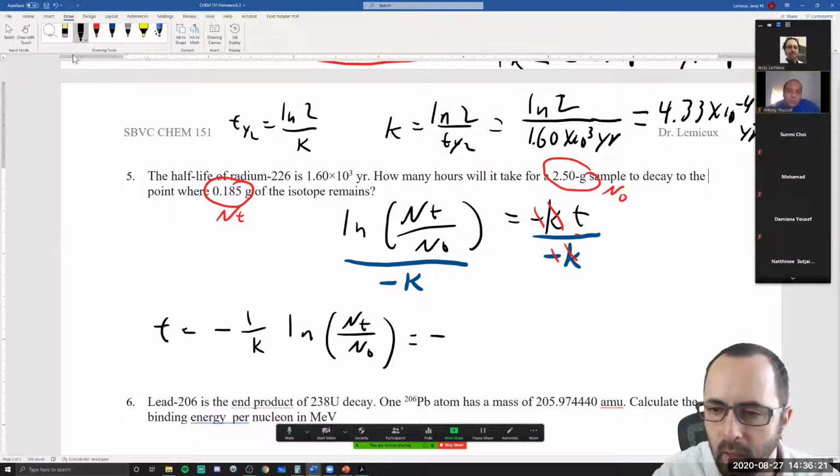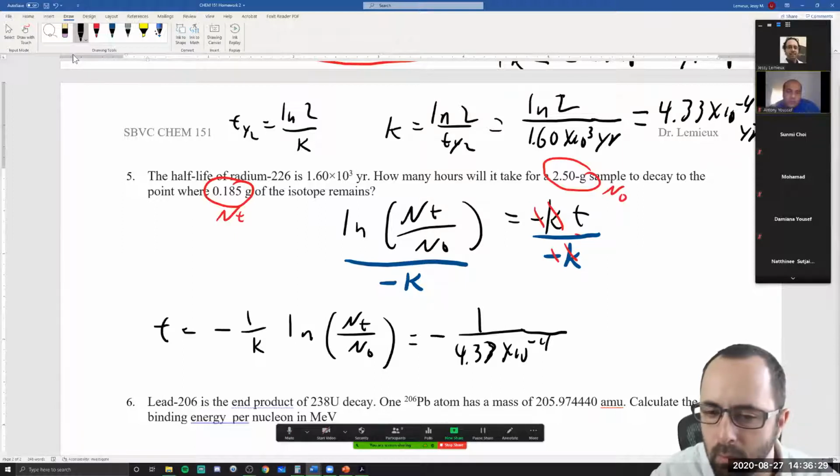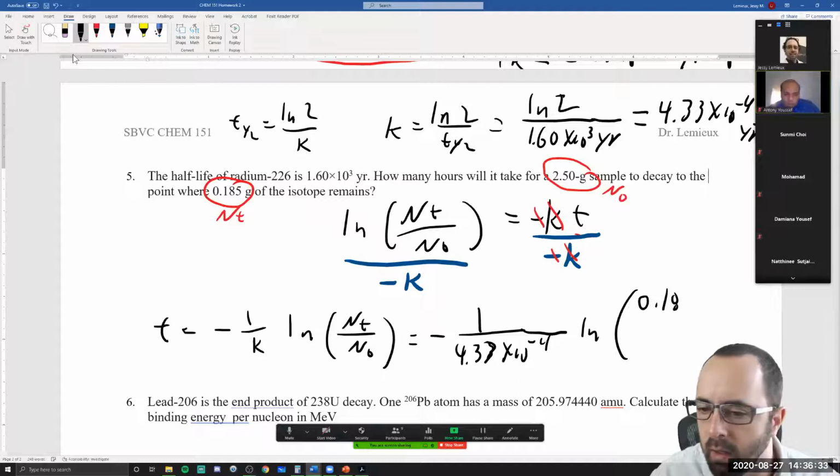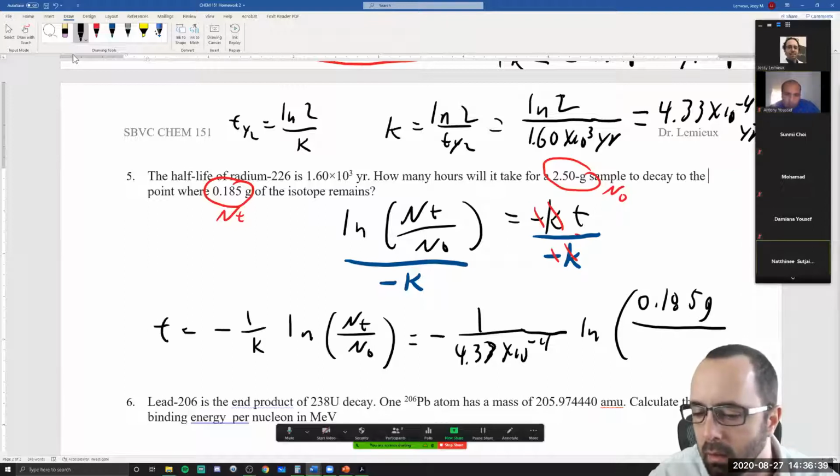This is going to be -1 over 4.33 times 10 to the -4 times the natural log of 0.185 grams over, because that's how much is left, divided by the amount that you started with, 2.50 grams. And this is a year, I forgot the unit, it's year to the -1.